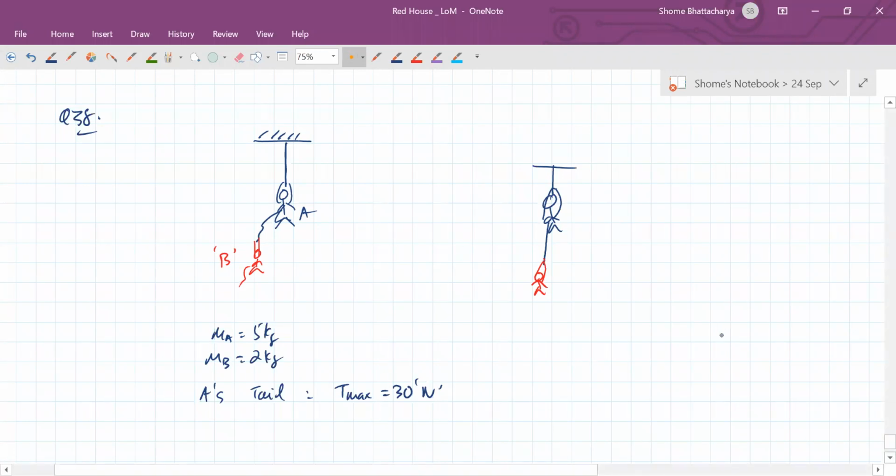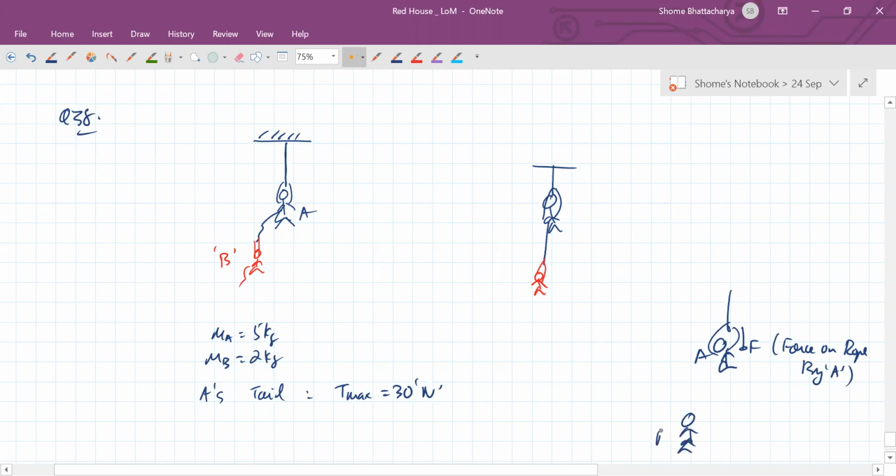Okay. So basically, see now what is happening if A is, you know, as it holds on to this rope. So if A is applying a downward force F on the rope, okay, the force on the rope by A, then what is happening in A's free body diagram?